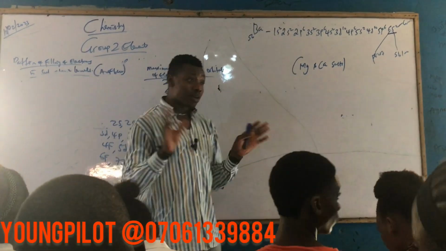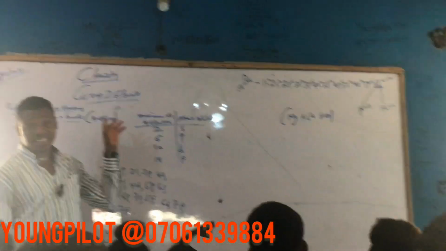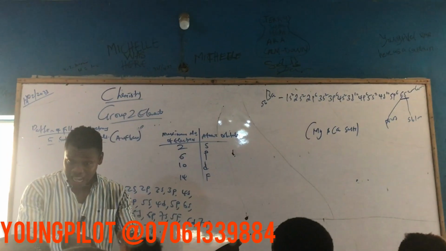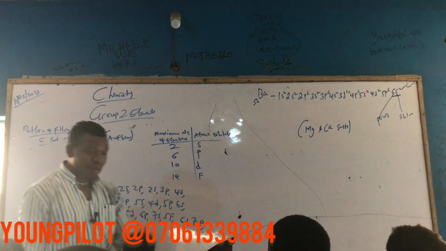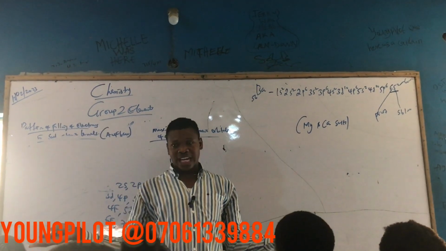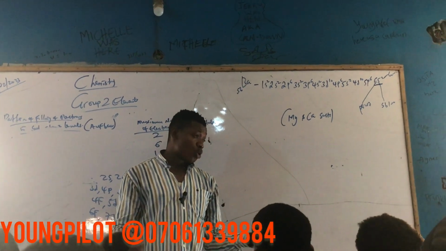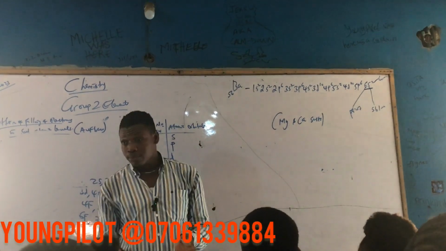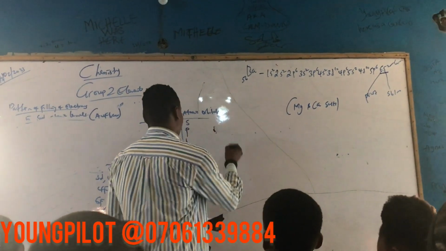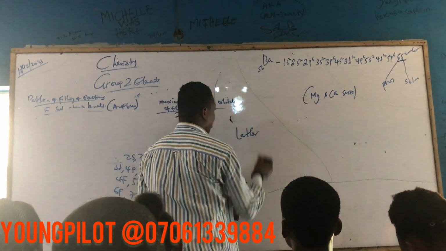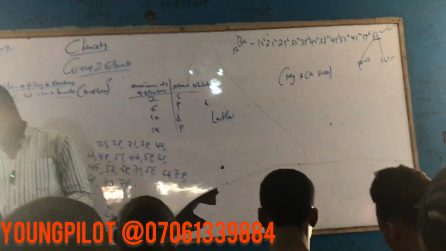So group 1 does not cause hardness in water. Are you seeing the reason? That's why they are called alkaline earths, because they will still leave some particles in that water, which makes the water hard. If you use that water to wash, you will waste your detergent and soap because it will not form lather. In Yoruba, it won't foam. Lather, that foam.